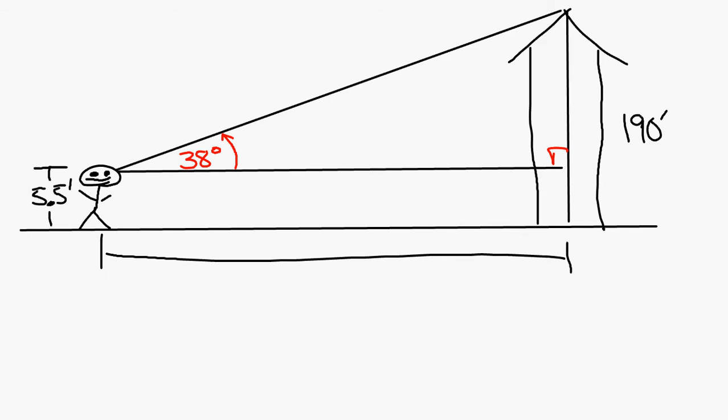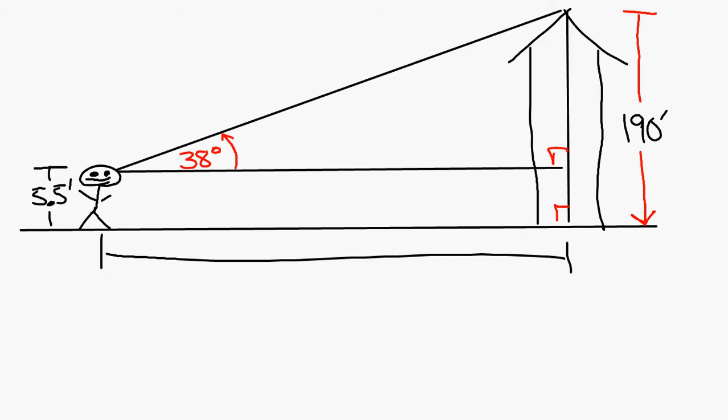Now, here's the point in the problem where you got to be careful. You're told that the castle is 190 feet tall, but you're told that she is 5.5 feet tall. And in these angle of elevation problems, when they tell you that the person is so tall, or sometimes I've seen it where they'll say that the person is in a tree fort, a tree stand, they're elevated up off the ground.